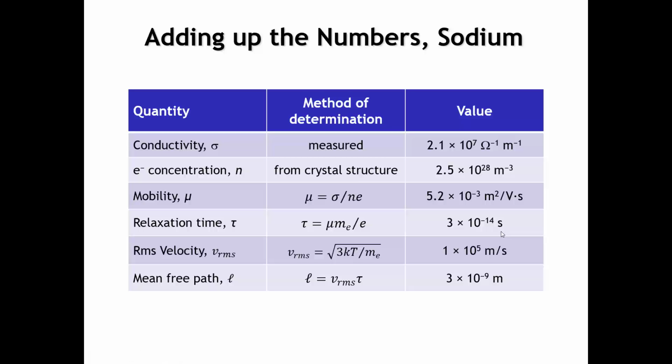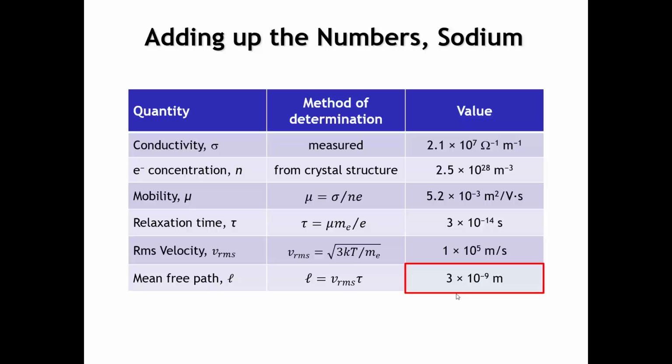That's not too far from our earlier estimate. And then we have our estimate of the velocity, which we took from the Boltzmann distribution. And then finally, knowing the velocity and the relaxation time, we can calculate this mean free path. And here we come up with an estimate of 3 times 10 to the minus 9 meters.